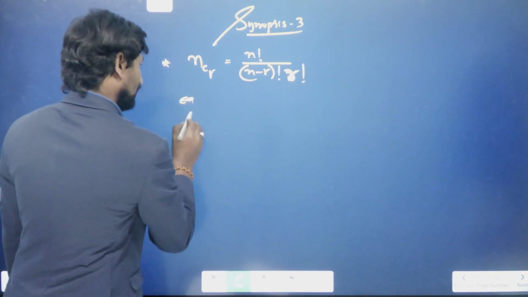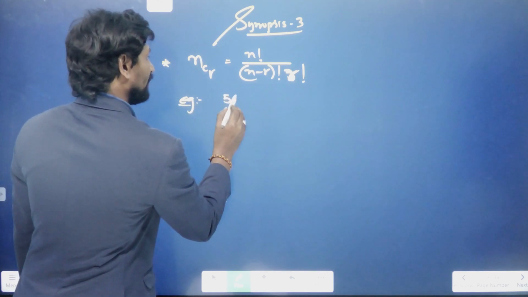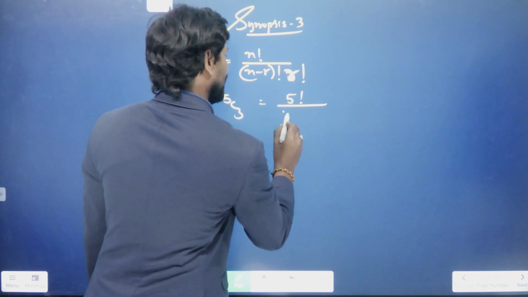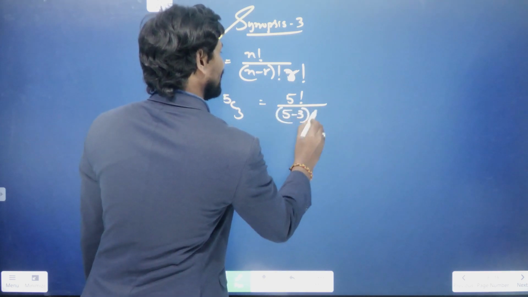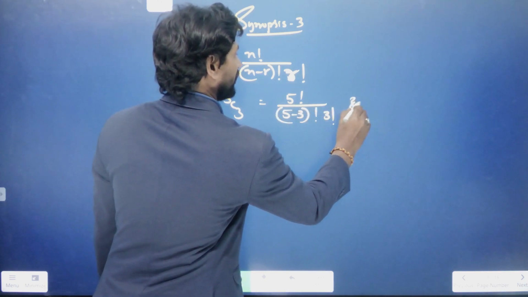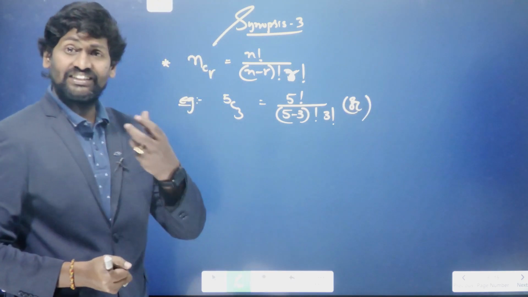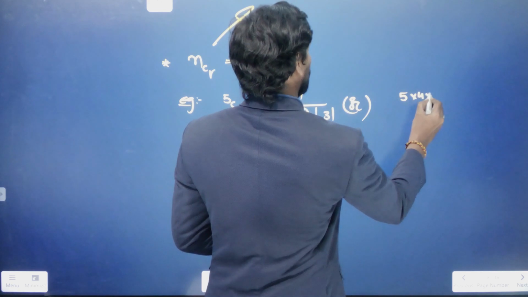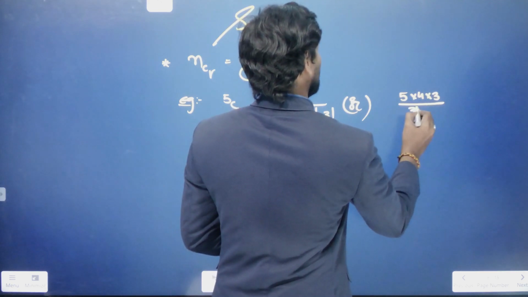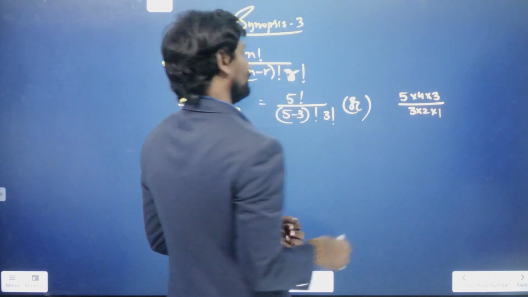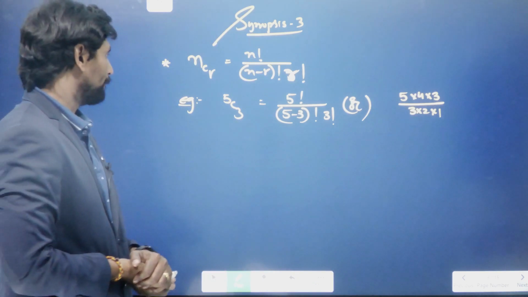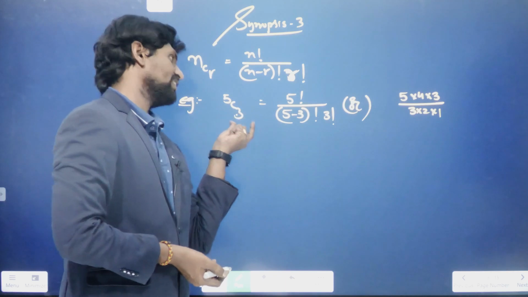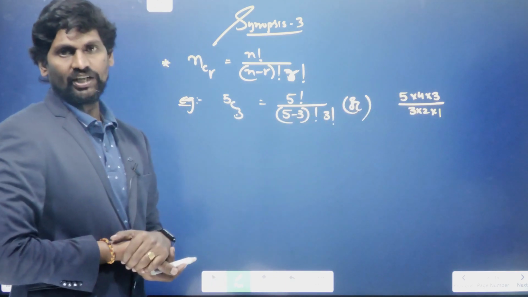For example, if you take 5C3, how do we write that? 5 factorial by 5 minus 3 factorial into 3 factorial, or there is another way also, that is 5 into 4 into 3 by 3 into 2 into 1. So from 5 down to 3, 5 into 4 into 3, and 3 down to 1 we should write in the denominator.